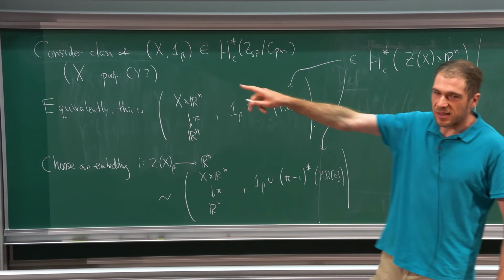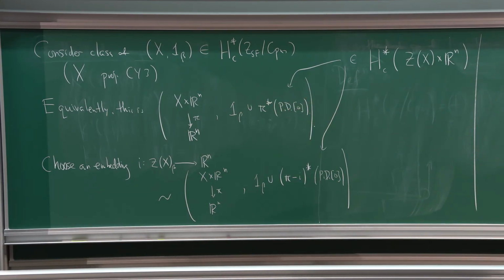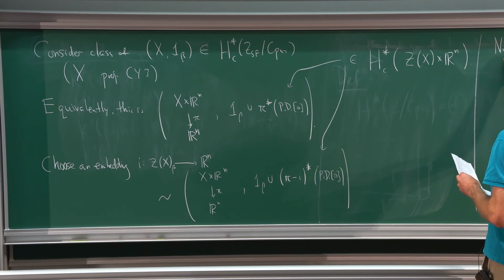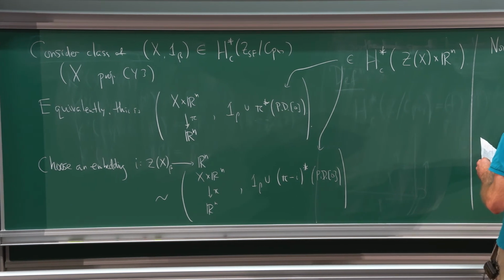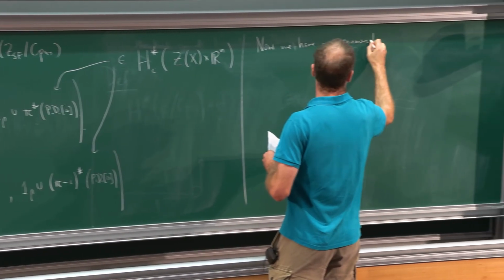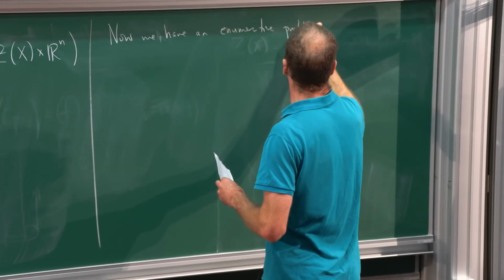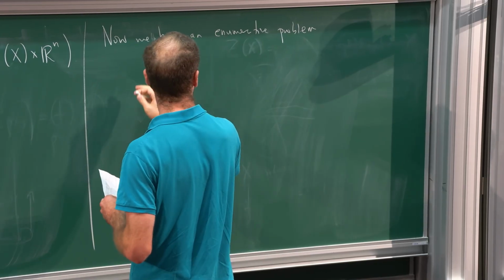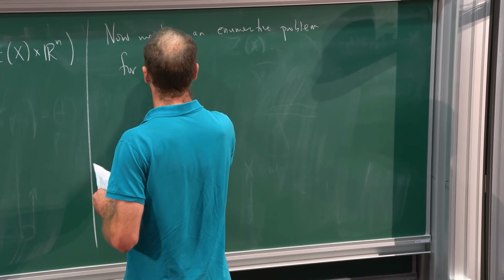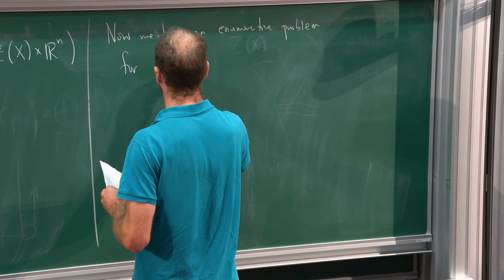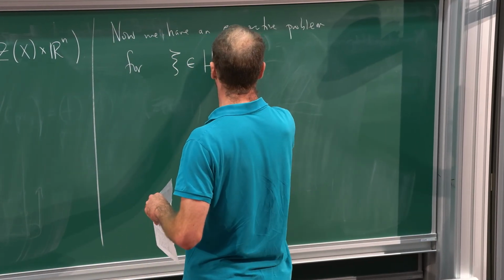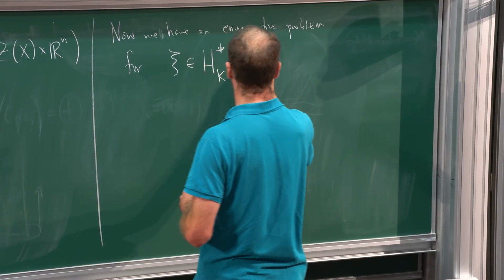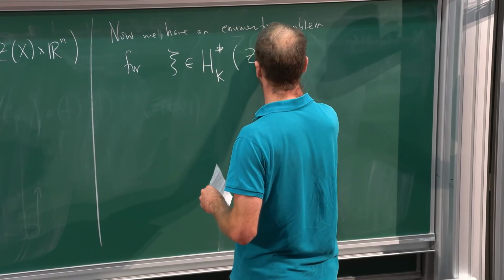And then I can apply this lemma to perturb the fibers. Now we have an enumerative problem for some class. C is this class here in cohomology.